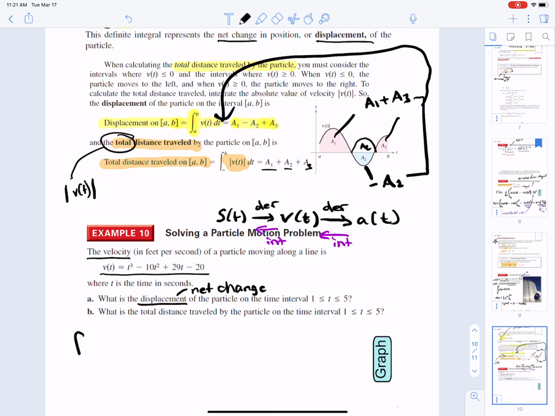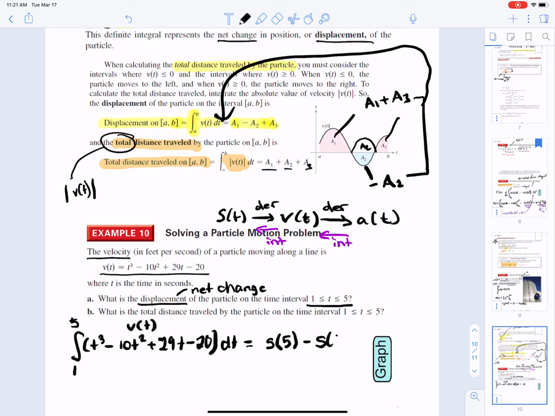So we're doing an integral on some time interval, 1 to 5, of my velocity function, which is t cubed minus 10t squared plus 29t minus 20. When you look at it like this, we're just doing an antiderivative and subbing it in. If this is my velocity function, then it literally means take my position function, sub in the top limit, minus sub in the bottom limit. So you're going to actually work this out.